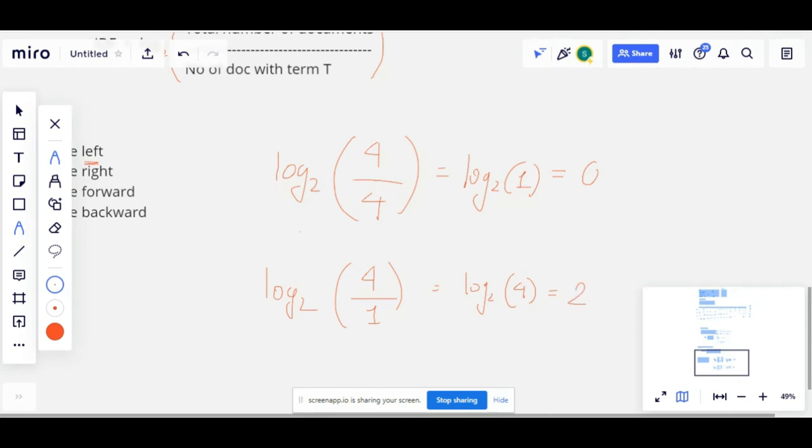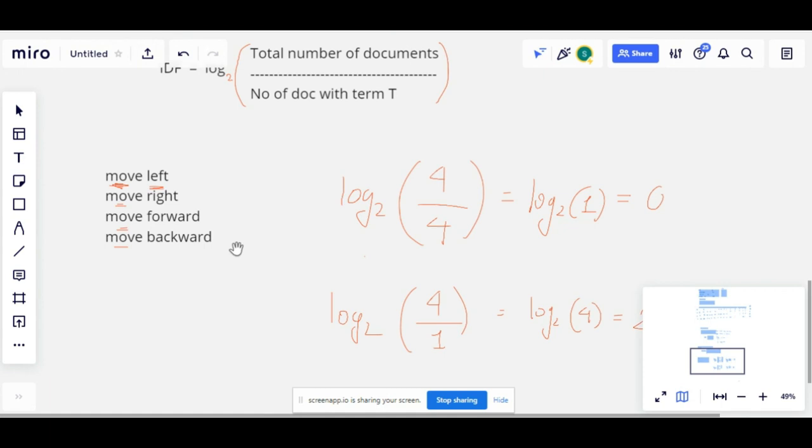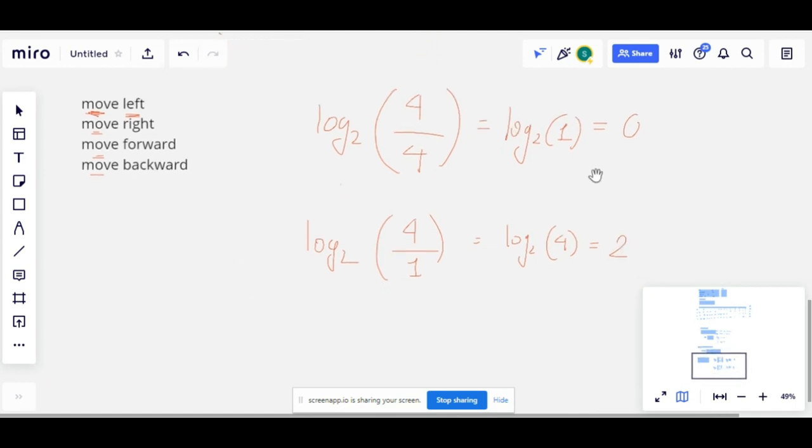Hence, it proves that IDF gives a higher score to rare words. It gives a very high score to the rare and important words, and a very low score to the repeating or very common words. You can see that move, which is highly repeating, has a score of 0, and left, which is in just one document, has a high score of 2.